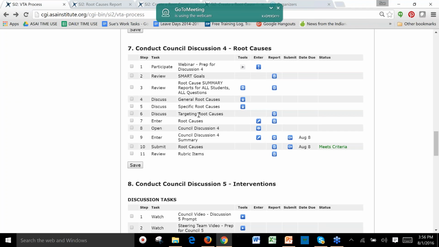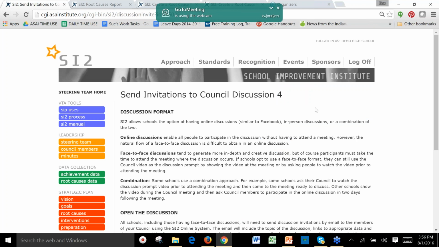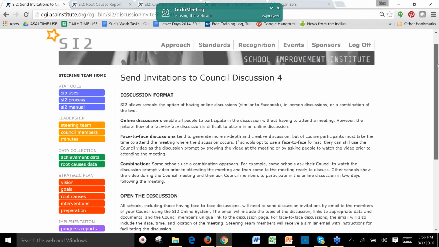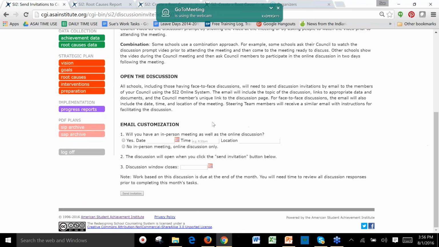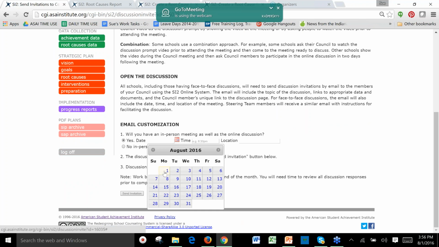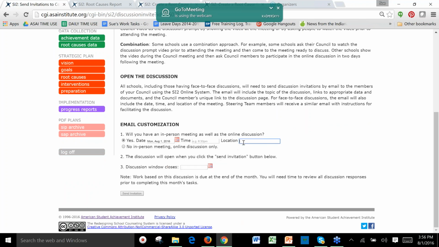So, okay. Then just a reminder that before you can put in the council discussion summary, you need to open that discussion. That's just something you have to do in our system. So we're saying, are you going to have an in-person meeting? Yes, and then whatever the date is, location, and we want this discussion window to close.